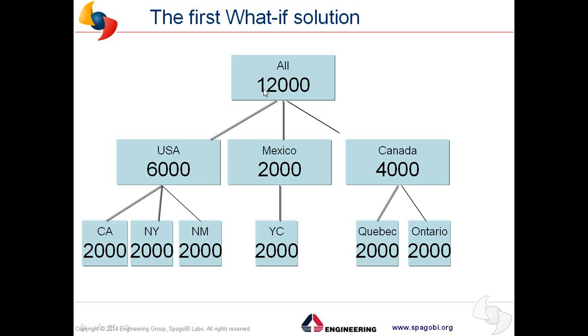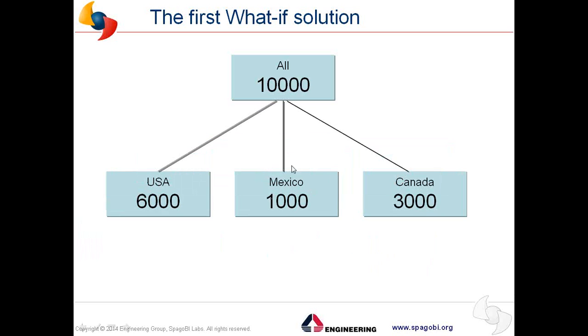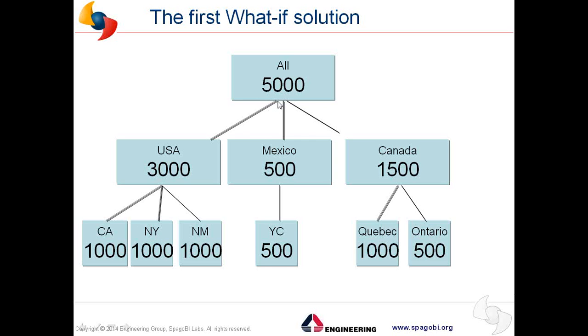Suppose I set 12,000, it counts the number of leaves, that is 6, and then it spreads the value of 12,000 over the leaves, and then it creates the aggregations. So the difference between this algorithm and the previous one is that this one starts from the leaves, the other one starts from the root.